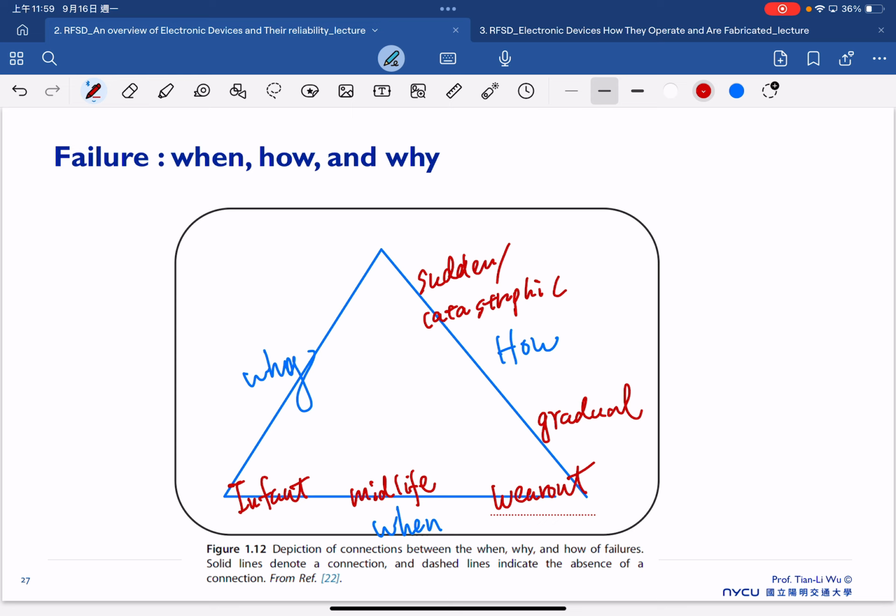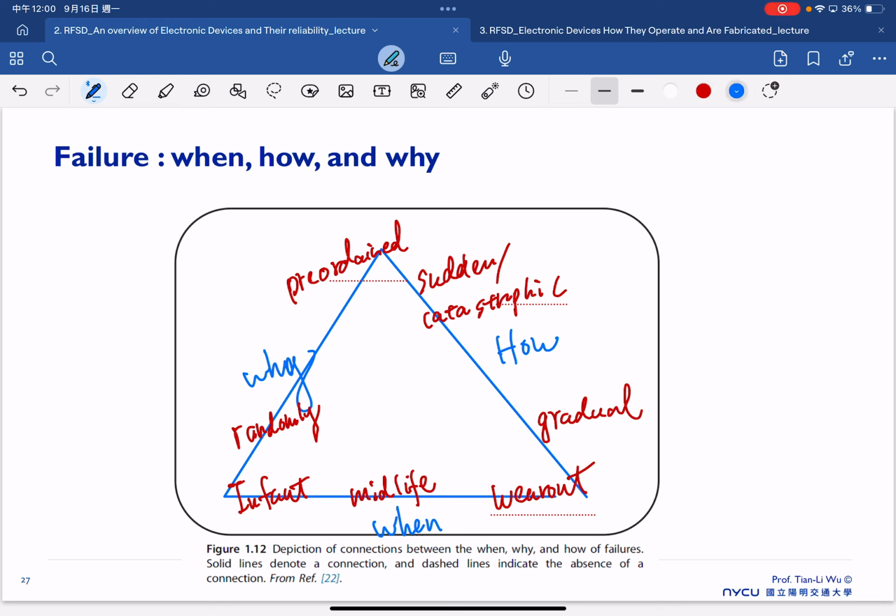And for the why, we need to understand whether it happens randomly or is preordained. So these are the questions that we have to keep asking ourselves.